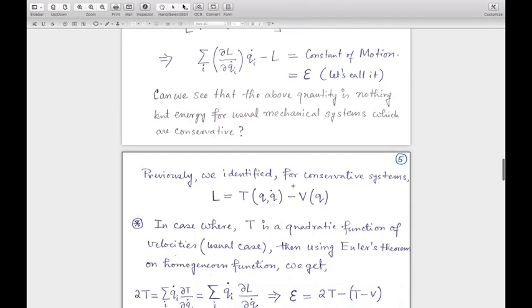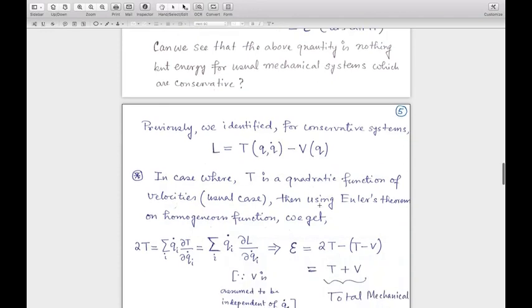So previously we identified for conservative systems L is equal to T minus V. Again we are only considering V which is a function of the coordinates q explicitly. In the case where T is a quadratic function of velocities, that is the most usual case.